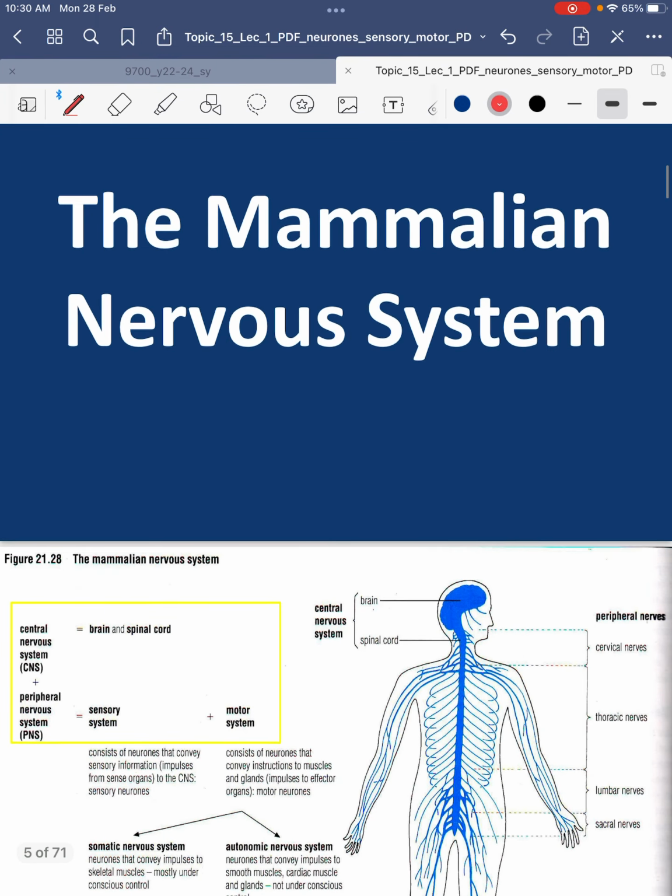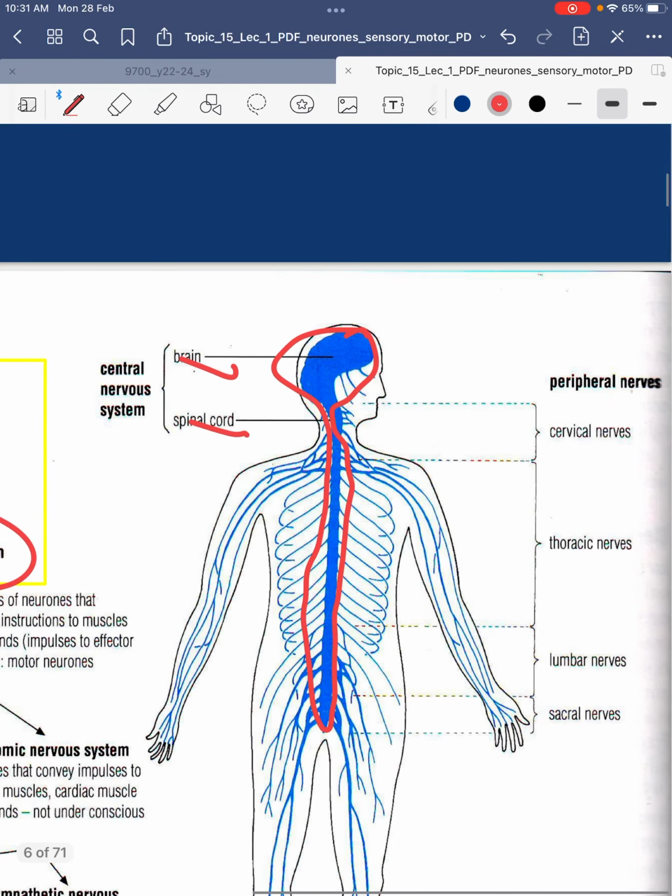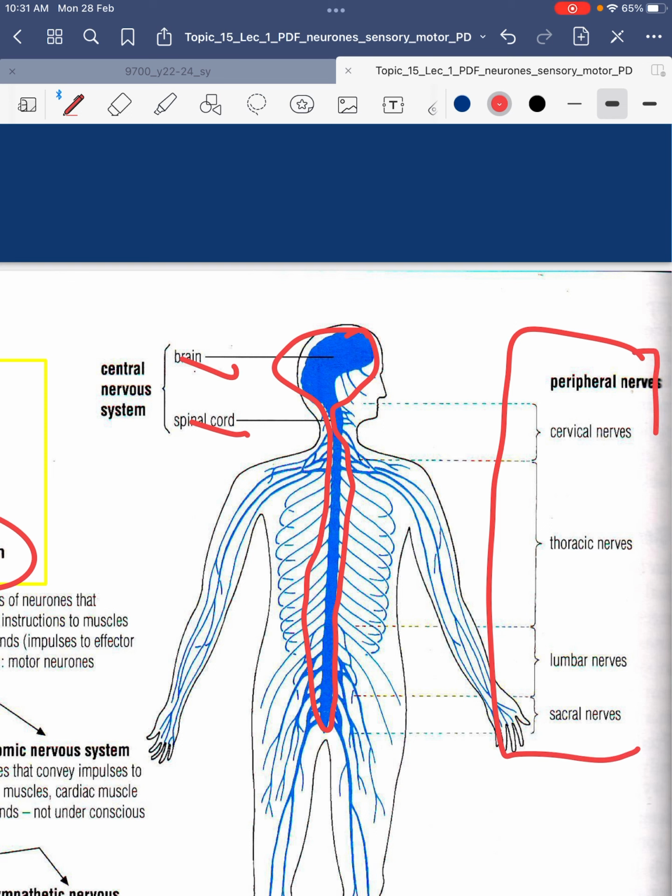The central nervous system is the brain and the spinal cord. That means this part here, brain and the spinal cord. And then the peripheral nervous system consists of sensory and motor neurons, which are divided into these different types of nerves: the cervical nerve, thoracic nerve, lumbar nerves, and sacral nerve.